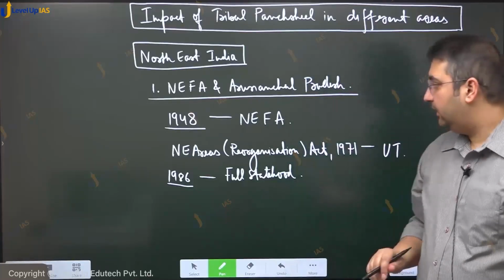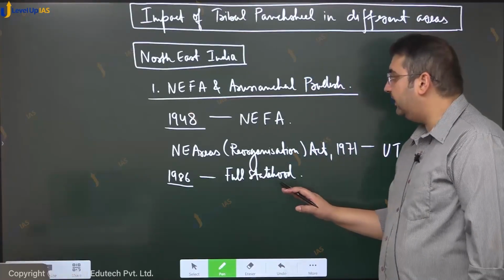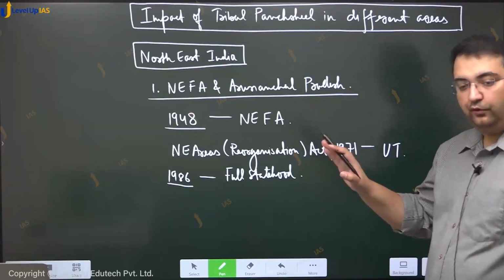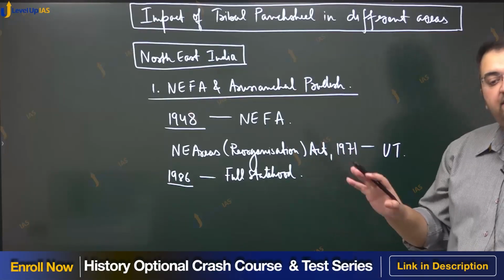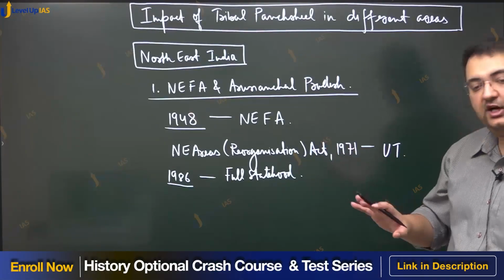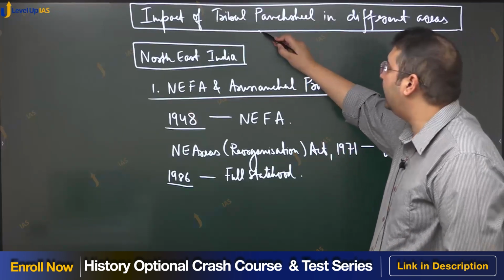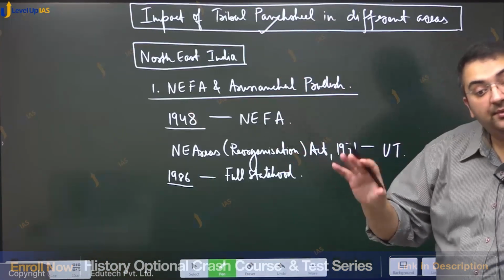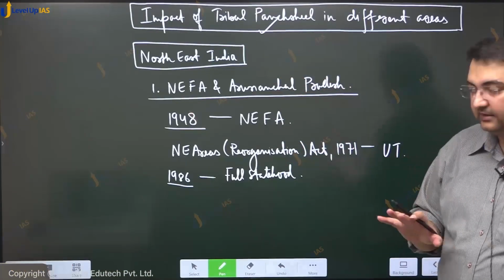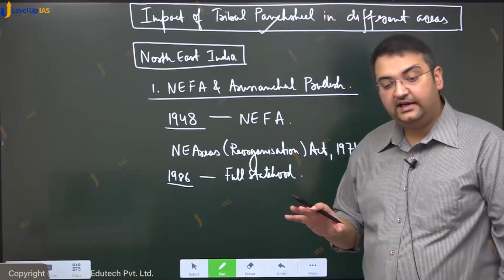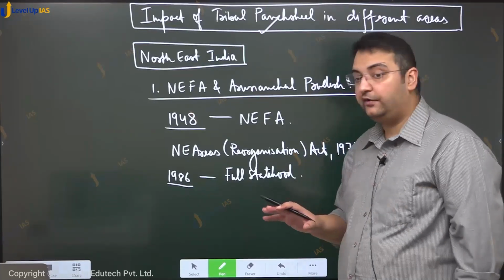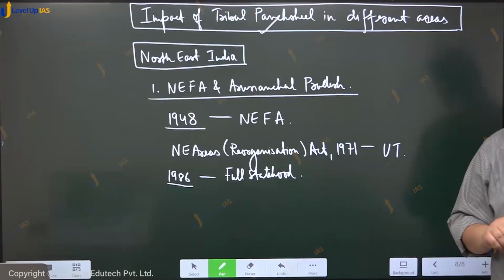Now, the process leading to the creation of Arunachal Pradesh as a full-fledged state was a relatively smooth, structured process. And why was that? Because the principles of tribal Panchsheel were implemented in a balanced manner. Therefore, there was very little tendency of separatism emerging.